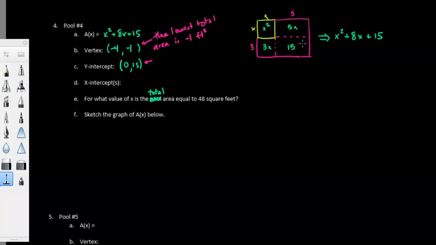But this part of the rectangle of the deck would still be there, and it has an area of 15. So this says that with a pool of 0 feet by 0 feet, the total area is 15 square feet.